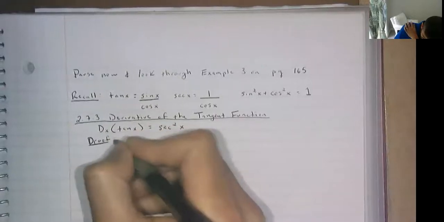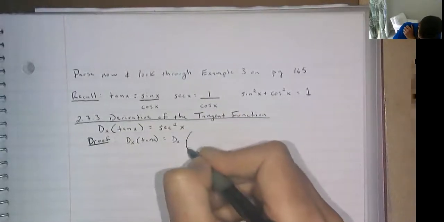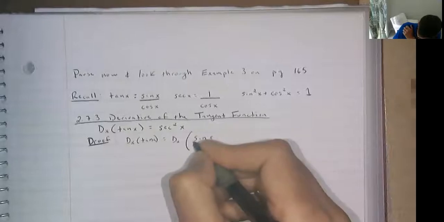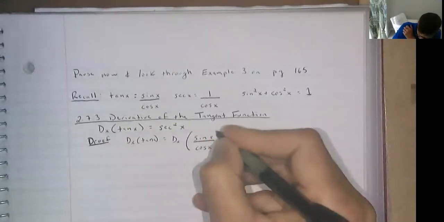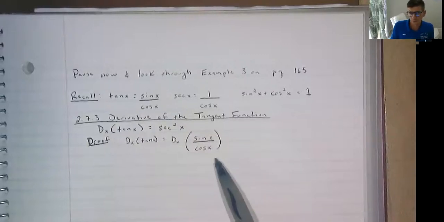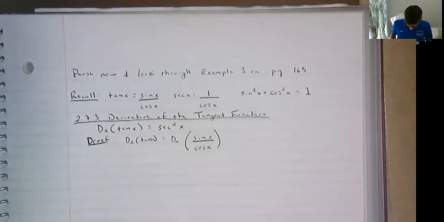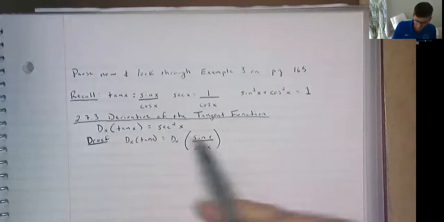The derivative of the tangent of x is actually the derivative of the sine of x divided by the cosine of x. Oh, not so fast, because now this is just a quotient. We know the quotient rule, and we know how to differentiate the functions involved in that quotient, sine of x and cosine of x. We'll just carefully set up our quotient rule and see what we get, and hope that it's secant squared x, or otherwise I just lied.